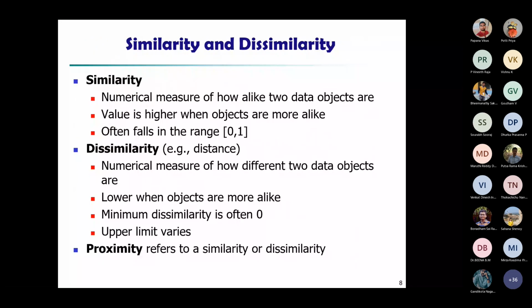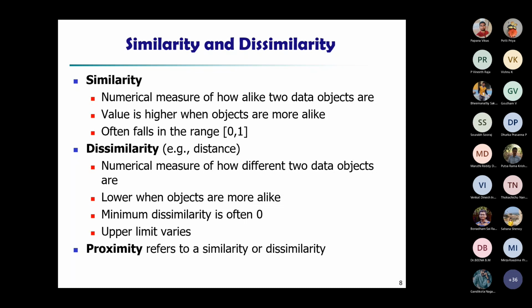Then we talked about dissimilarity and similarity. Similarity tells how similar objects are, and dissimilarity is usually the distance. When similarity is high, we say the objects are very similar. If it is dissimilarity or distance and the value is high, it means they are not at all similar.